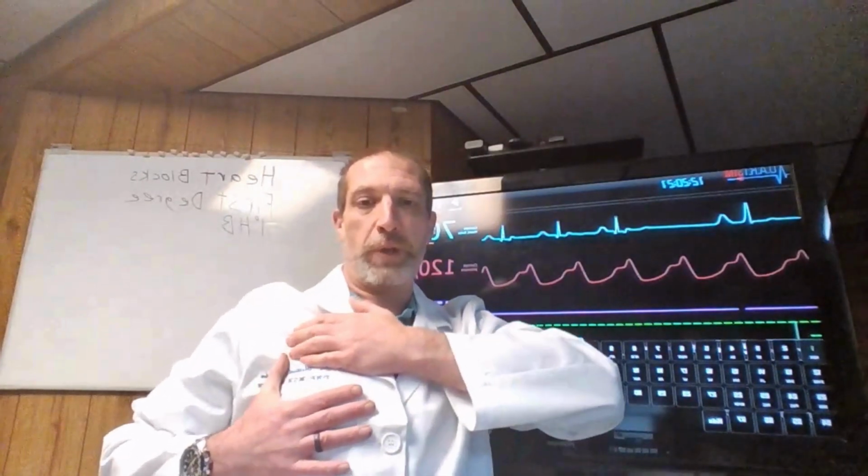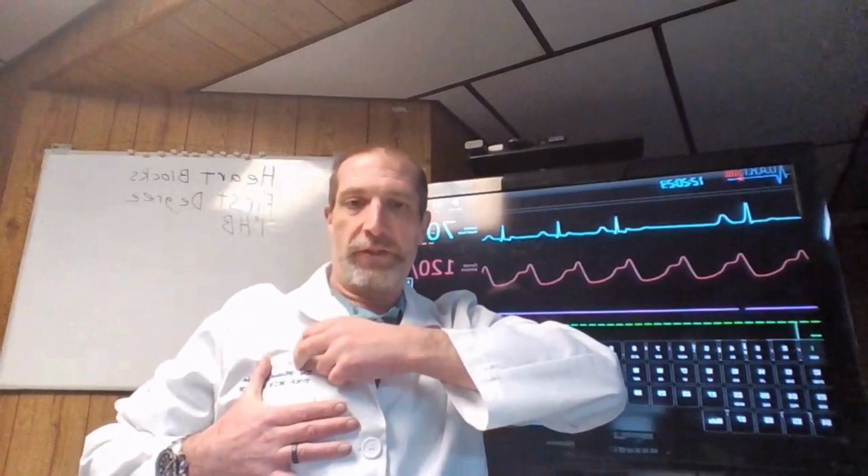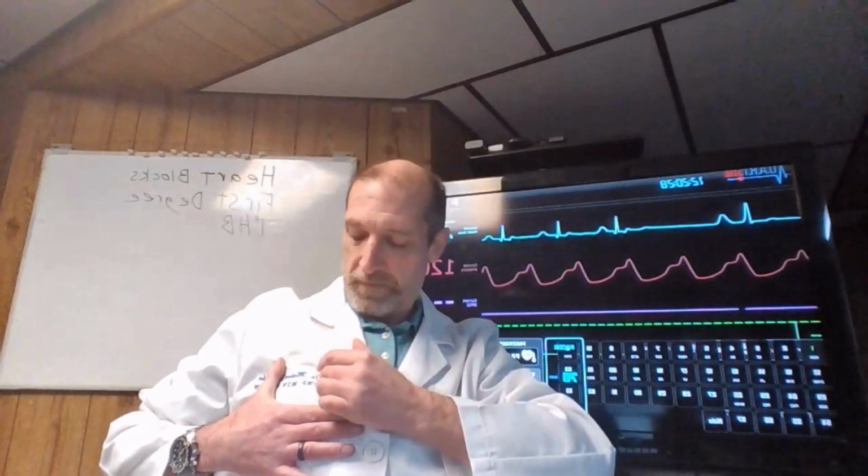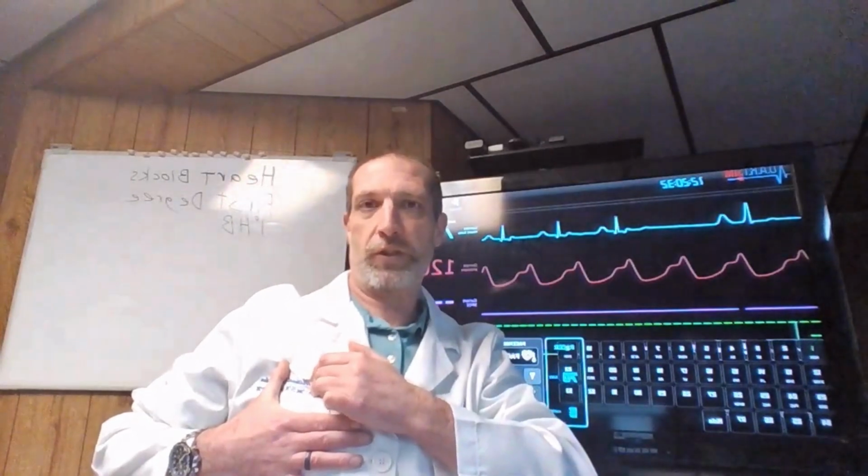In the case of first degree heart block, it sends the message, but as it's going down the track, it decides, I want to take the scenic route a little bit, and it's going to take just a little bit longer to get to the AV node to fire.